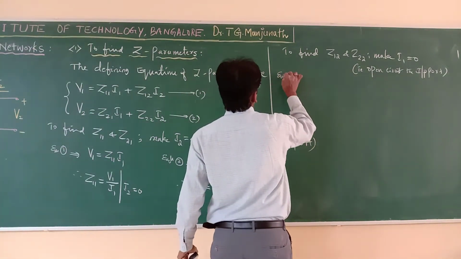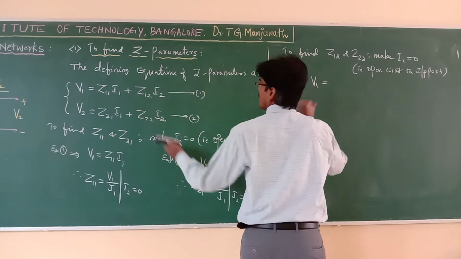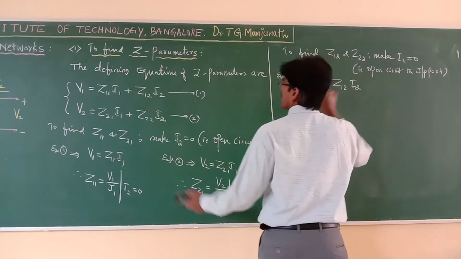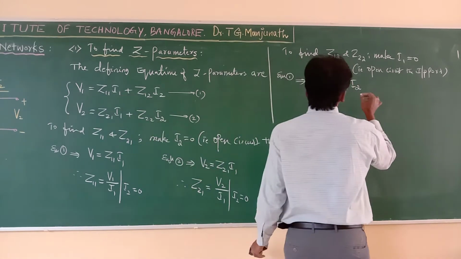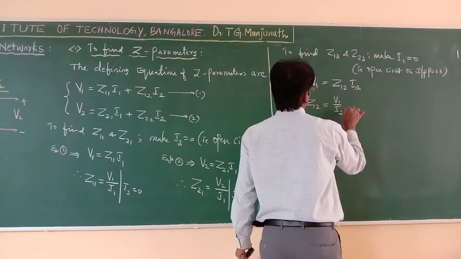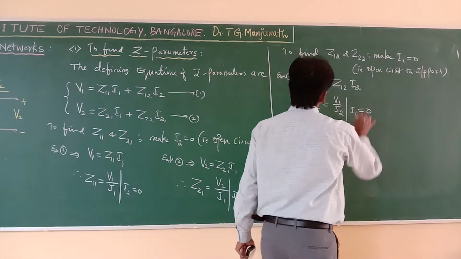Equation 1 gives V1 is equal to Z12 I2, because I1 is 0. That gives Z12 is equal to V1 by I2 at I1 equal to 0.